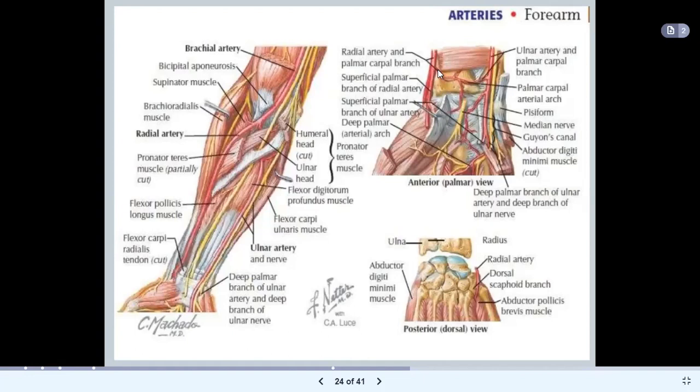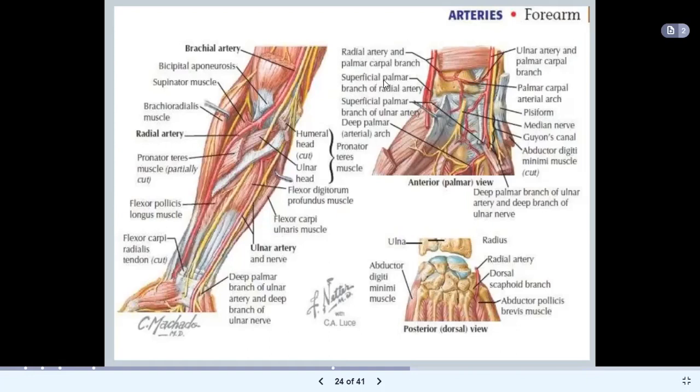So the palmar carpal branch will supply the carpal bones that are here. So here again, you see the palmar carpal arterial arch, formed by the palmar carpal branch of the radial artery and the palmar carpal branch of the ulnar artery, which come together to supply the carpal bones that are here.